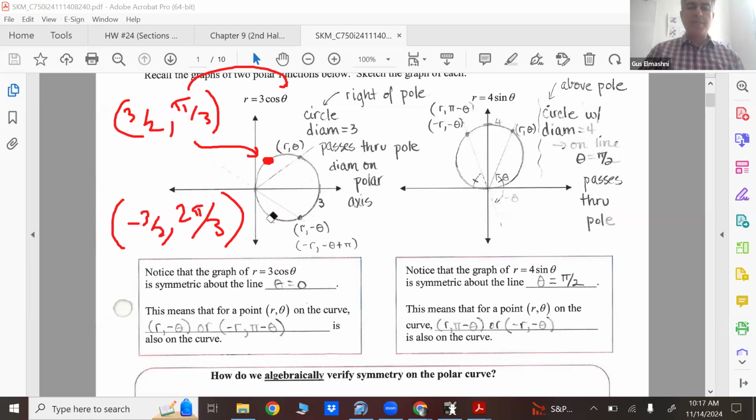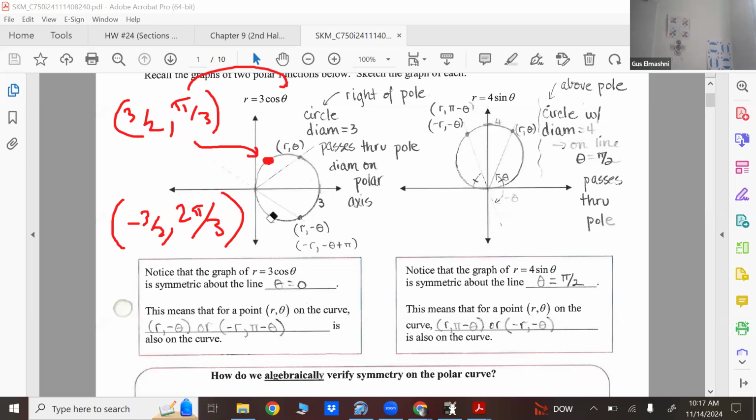Now let's think about it. How does that point look? 2 pi over 3, and I rotate counterclockwise, how many degrees? 120 degrees, right? So it'd be somewhere over here, right? But what's your r value? So it's got to split 180, right? And so it's back to the same place as what it had previously with 3/2 comma negative pi over 3.